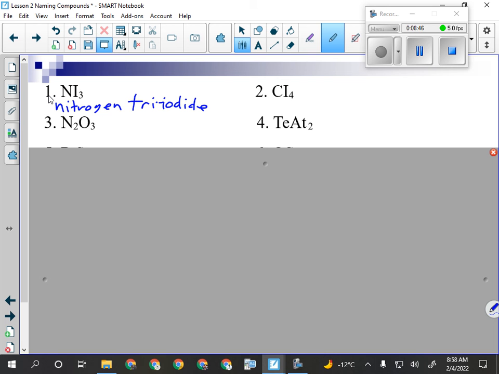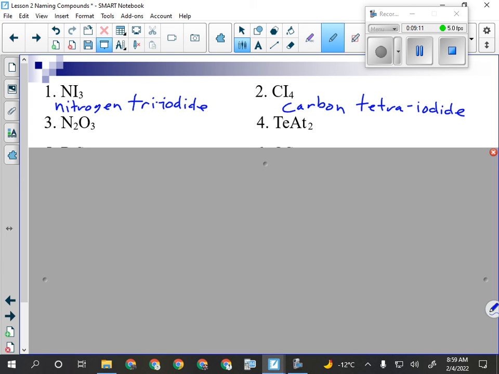For number 2, we got 1 carbon, so we don't use a prefix because mono doesn't go on the first one, and 4 iodines this time. So what prefix is going in front of it? Tetra. Questions on those 2?